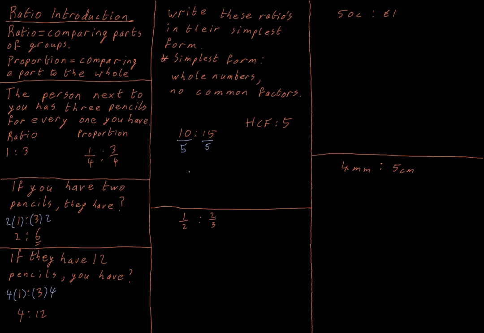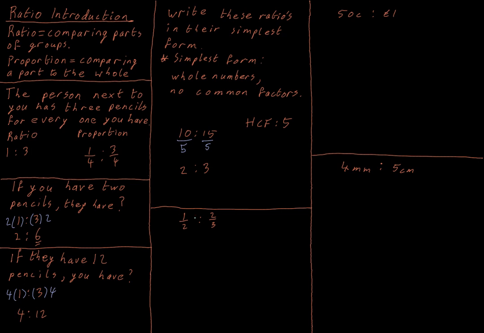So we divide both sides by 5, our highest common factor, and we end up with 2 is to 3. Now 2 and 3 don't have any common factors, so we can't simplify it any further, and they're whole numbers, so our job is done. We have written it in its simplest form. We can now see what the relationship is as simply as possible.